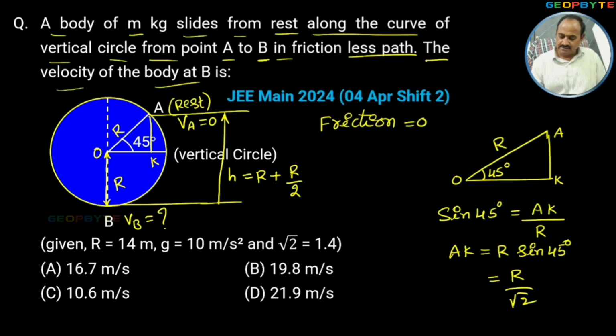Then what are you asked to decide? The velocity of the body at B. For deciding the velocity of the body at B, let us connect the work energy theorem. Let me write that.